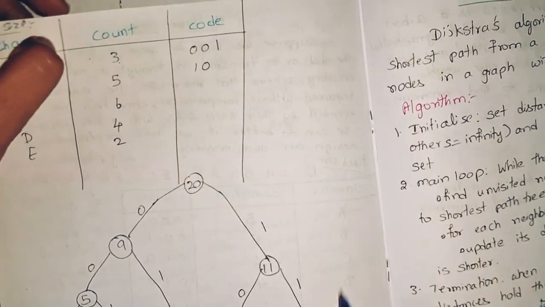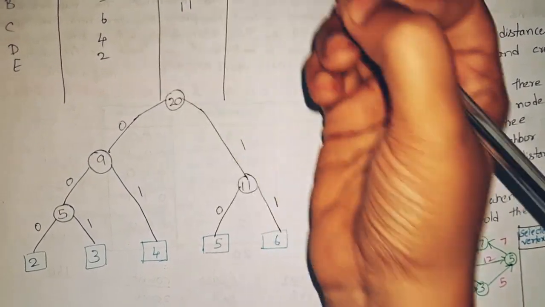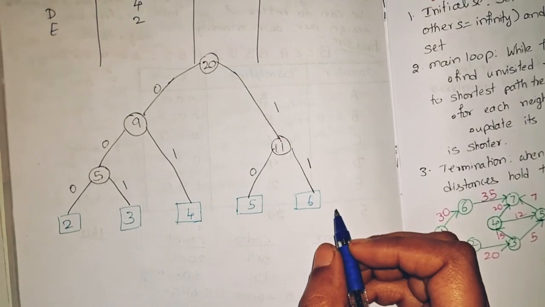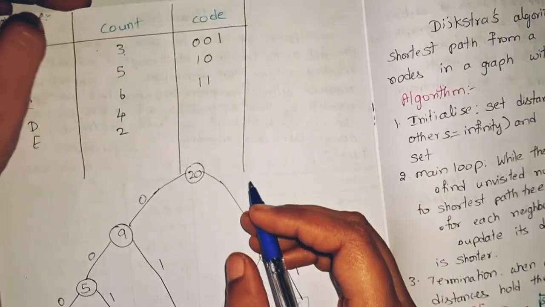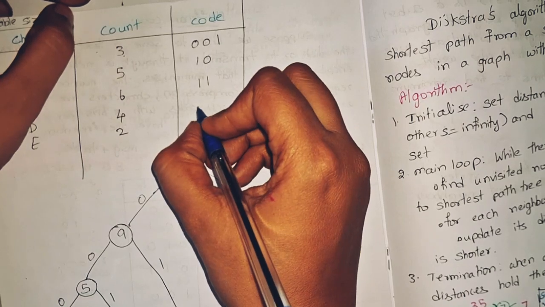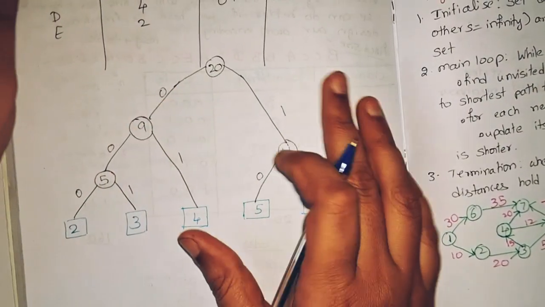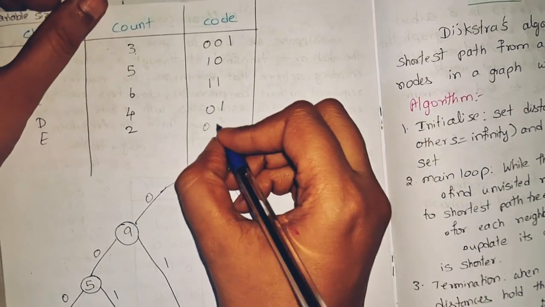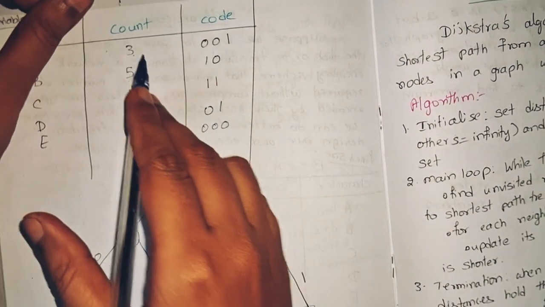Then for 6, it is 1, 1. Now for 4, it is 0, 1. And for 2, it is 0, 0, 0. So this is how we will write the codes for each count here.